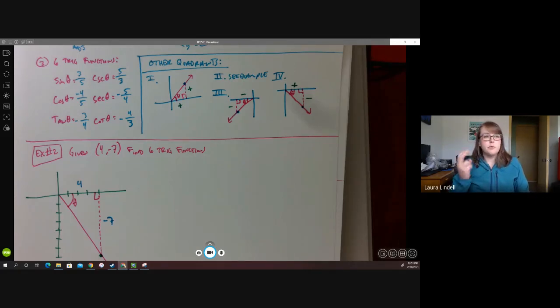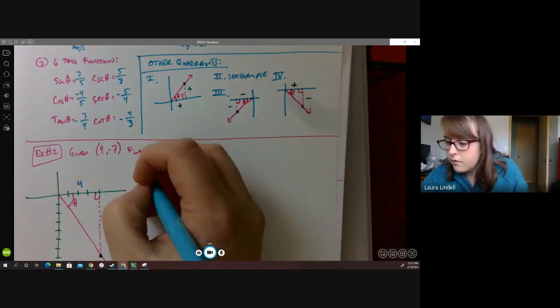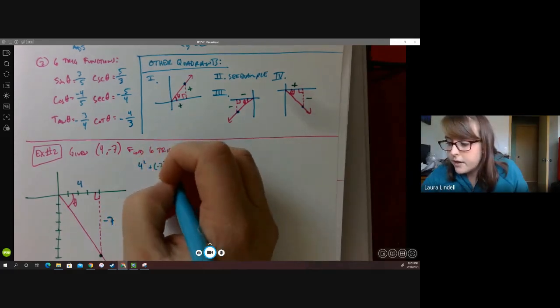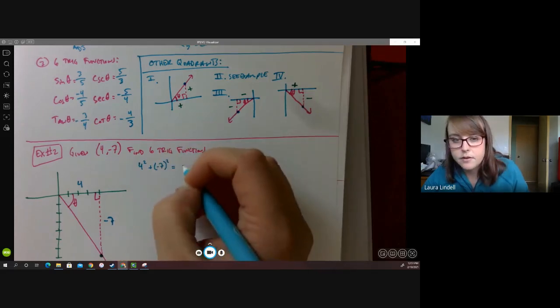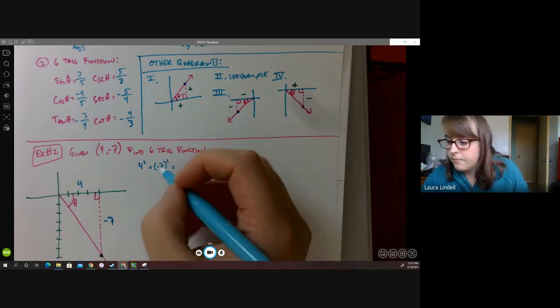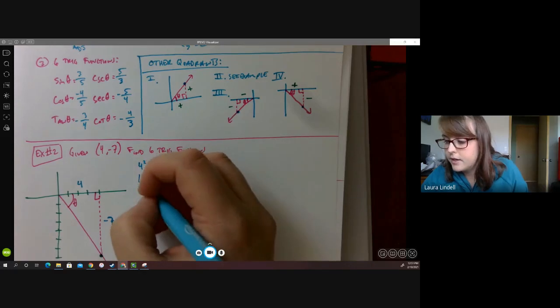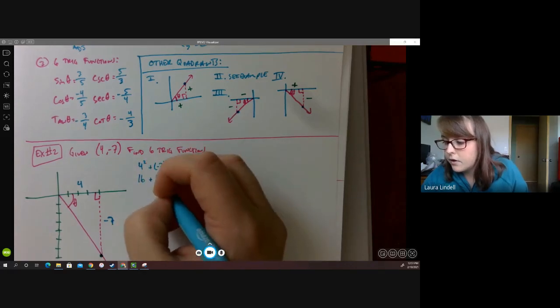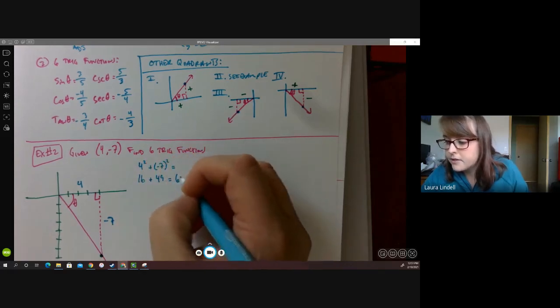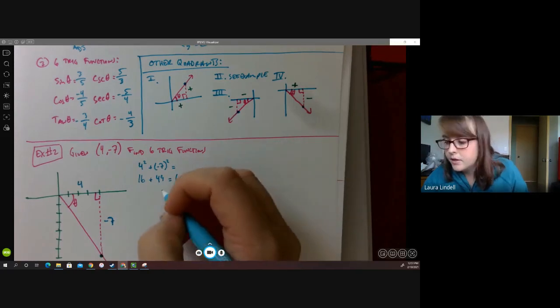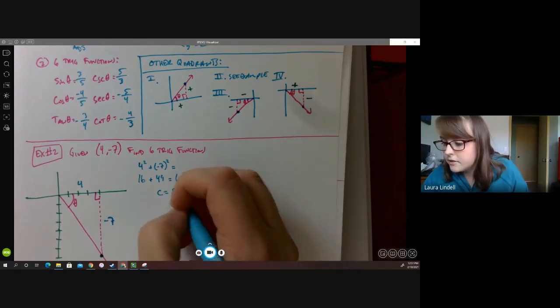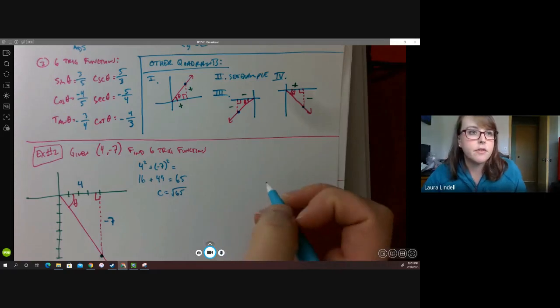Okay. So now we've got just about everything that we need to have labeled. Now we got to do the step 2, which is Pythagorean Theorem. So 4 squared plus -7 squared. 4 squared is 16. 7 squared is 49. Together that makes 65. So our missing side is the square root of 65.